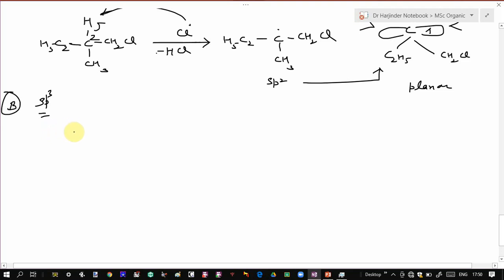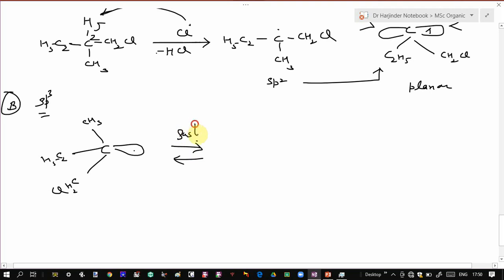Because the free radical which is formed, C2H5, CH2Cl, will undergo rapid flipping. Just as in carbanions, which also undergo a very fast flipping in which two mirror images are formed.